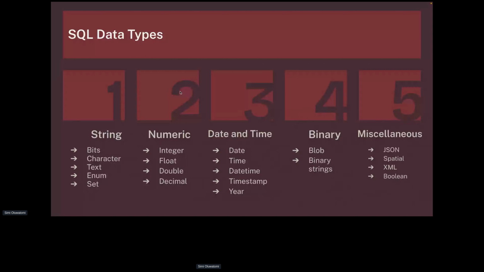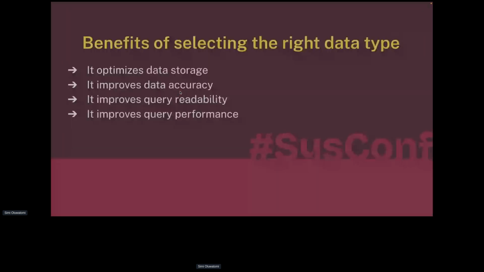Now, you may be wondering, why do we need to talk about data types? Number one is that by selecting the right data type, we can optimize data storage. I was watching one of the talks earlier, and the speaker mentioned that data is not immediately written to disk, but at the end of the day, that data ends up in the disk. So the data that you have in your database is just like the files that you store in your computer.